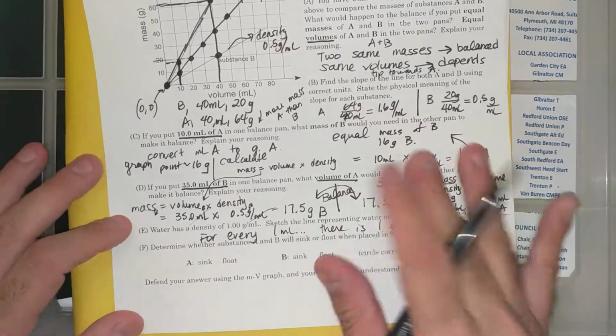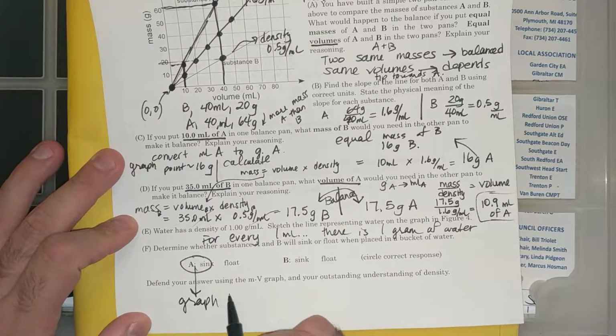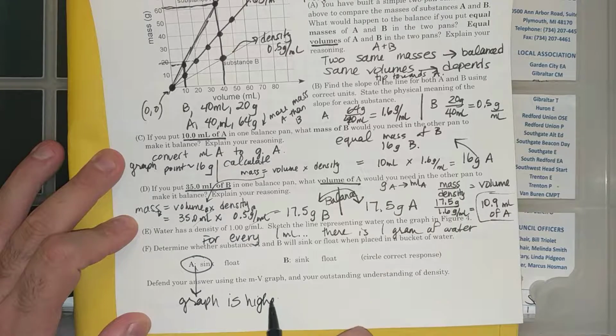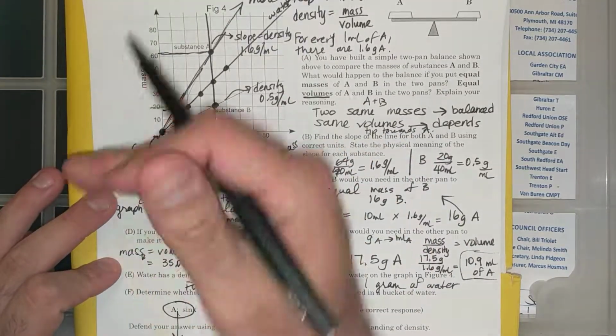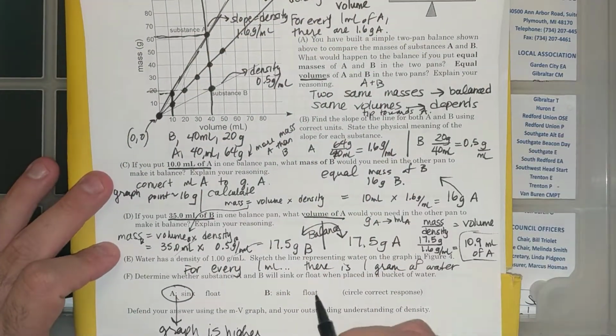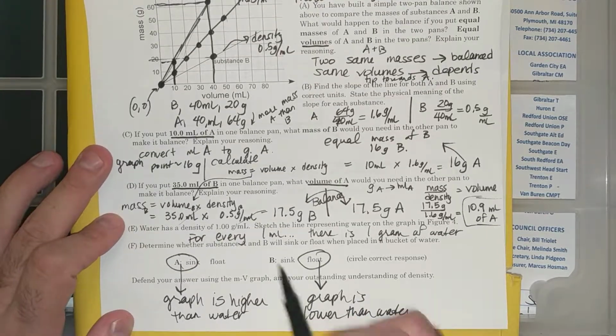It's going to sink. For substance B, the graph is lower than the graph of water, so that's going to float. So that is how we'll answer this question.